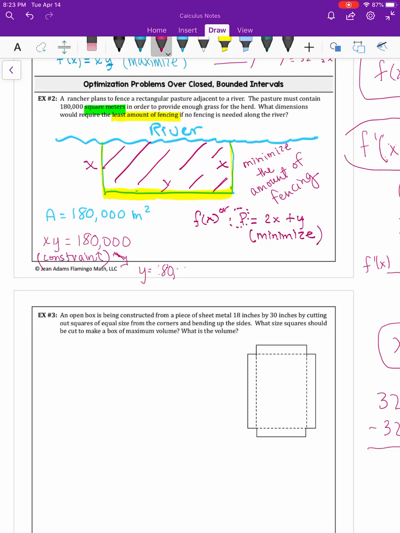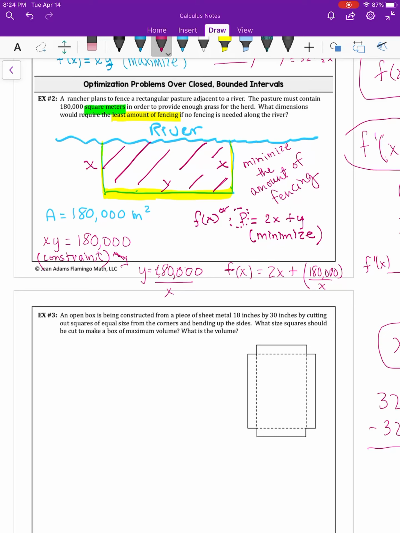So I'm going to take this constraint and solve for y: y equals 180,000 divided by x, and then put that into this equation.